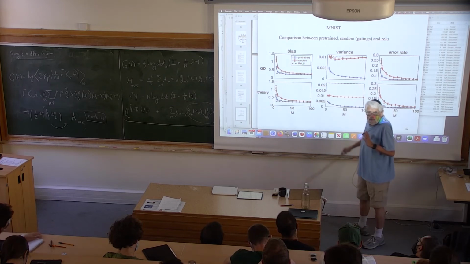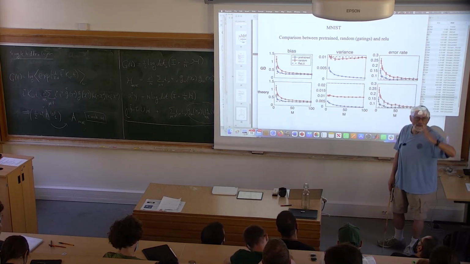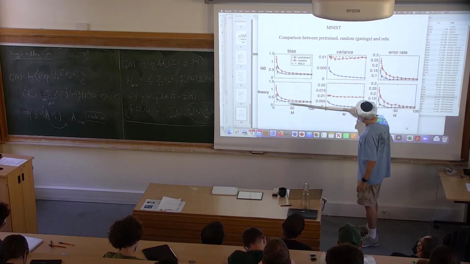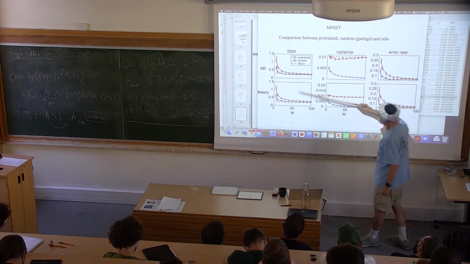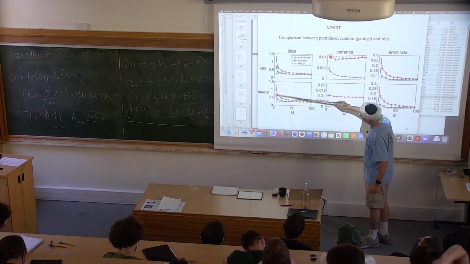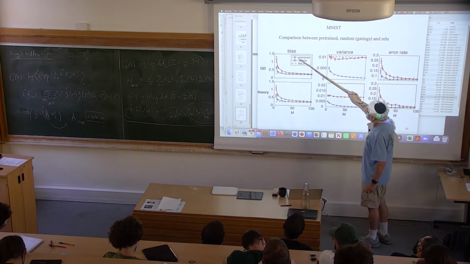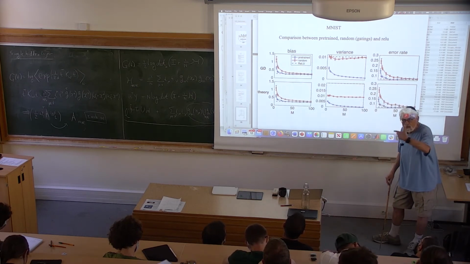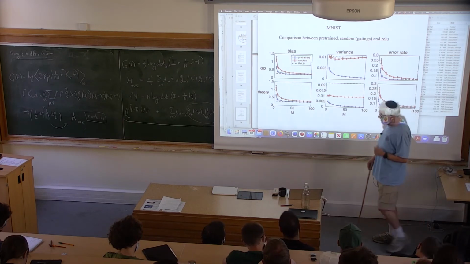I'm not saying this is a theoretical statement. I would like to prove it, but this is an example where for large M it converges to the ReLU performance, but the convergence is much faster in the pre-trained versus random. So choosing the gating cleverly does pay off.